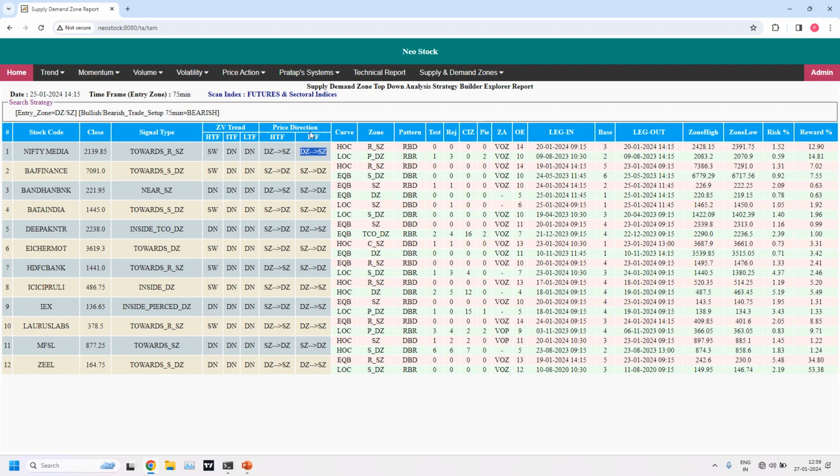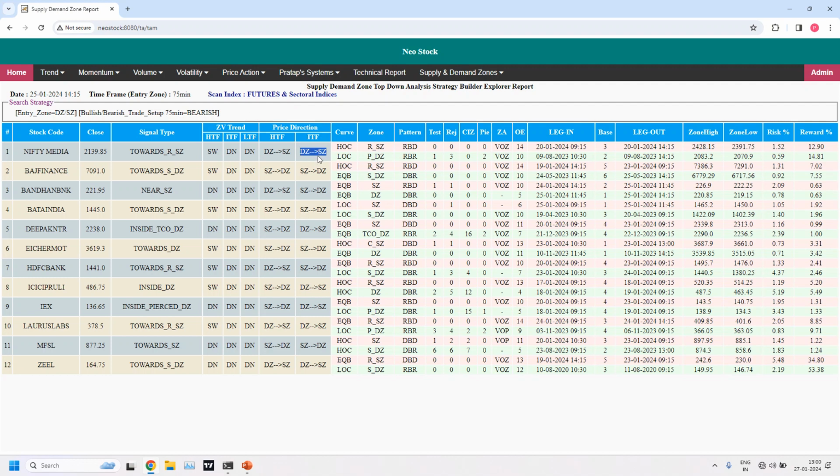The moment the prices reach the LTF supply zone, the ITF supply zone also will be reached because your LTF supply zone is in overlap with the ITF supply zone. That is zone confluence.